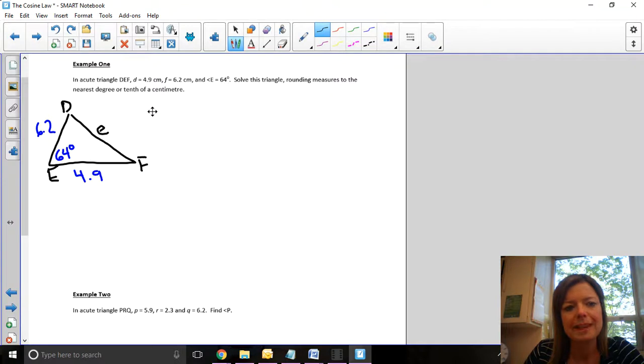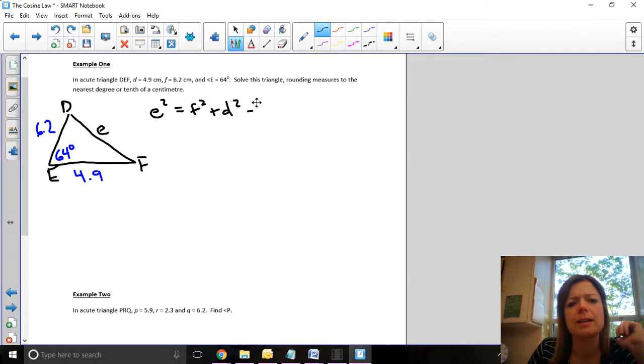So in this case, E squared would be equal to the other two side lengths, so F squared plus D squared minus 2FD cos E. So the big key here is that whatever big letter you have here has to be the same as the little letter over here. So now we can fill in what we know.